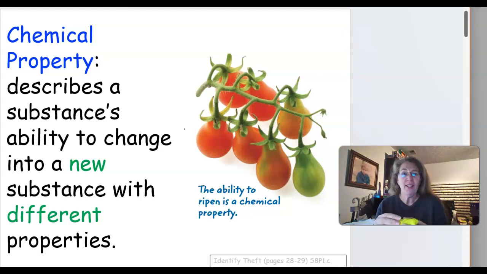But if I took a piece of this Play-Doh and I put it in water and left it there for a year, part of this Play-Doh is going to dissolve. It's going to go from this Play-Doh that I can play with to being a dissolved substance within the water. So it's actually going to change its chemical properties. It's going to break down into the individual components that the Play-Doh makes up.